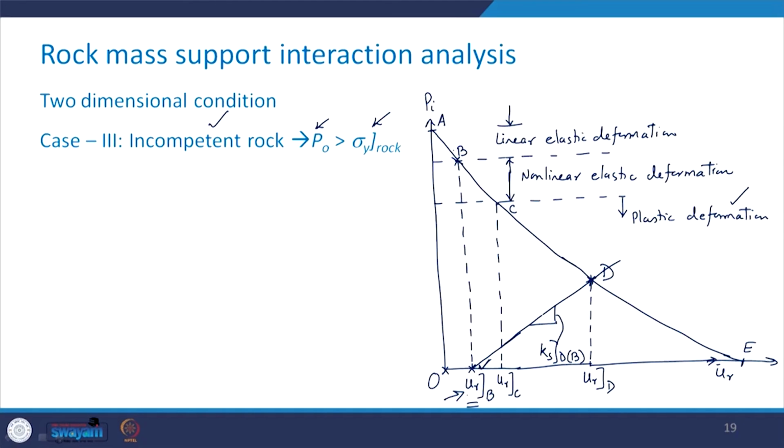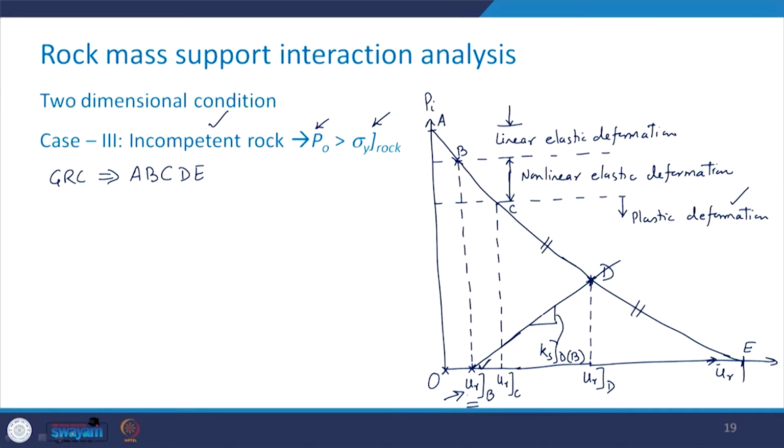So, basically in this case now, GRC is going to be the curve A, B, C, D and E. That means this curve.